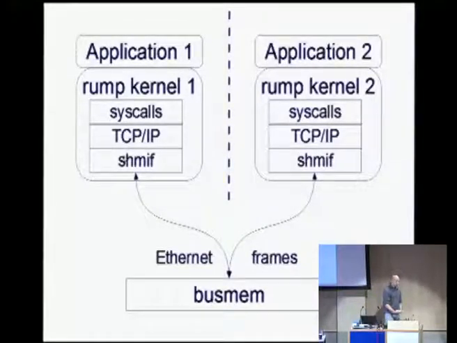Here I've implemented the interface driver which allows multiple different rump kernels running on the same host to communicate with each other using shared memory. So this is something that could be pretty neat for TCP/IP implementation testing.